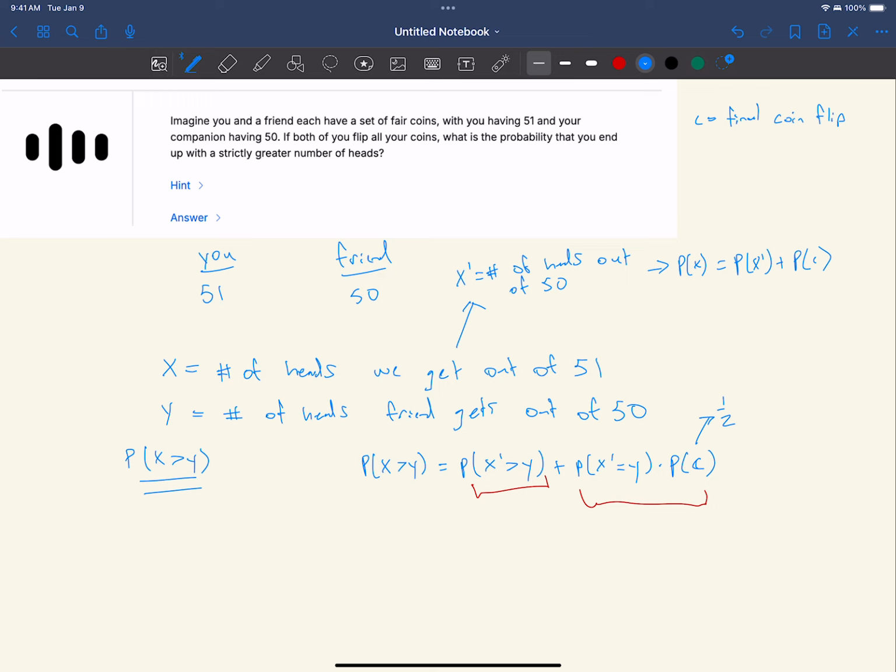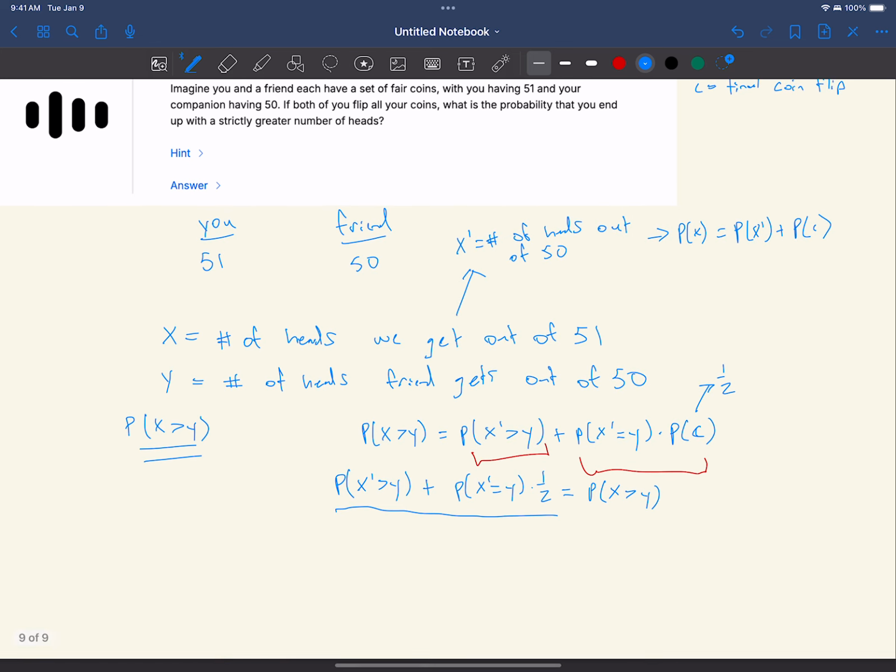And so the reality is we want to calculate this value: P of x prime greater than y plus P of x prime equal to y times 1/2. This is equal to P of x greater than y, the value we want to calculate on the left-hand side. An easy way to look at this is to look at the first 50 flips.